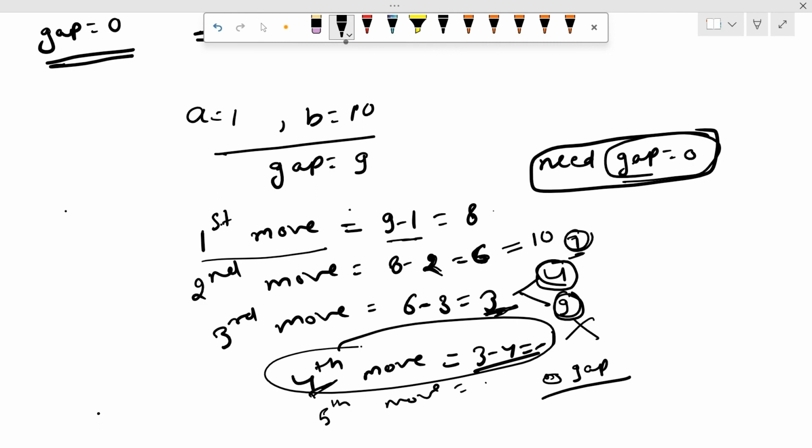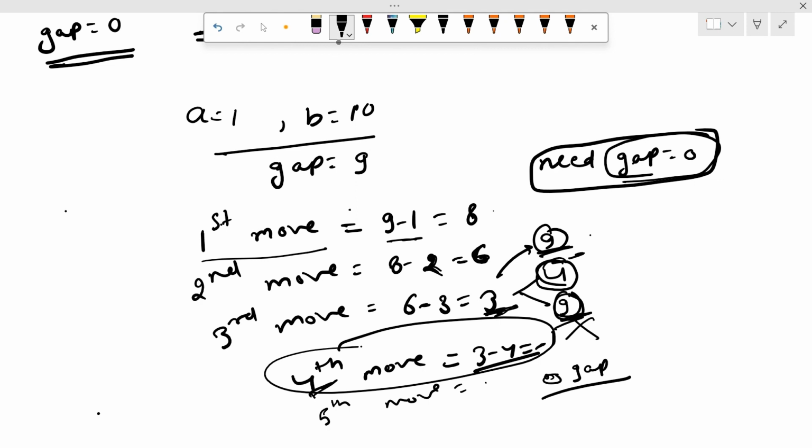Here again we do not get 4 or 9, so we do not take this either. Now if we increase our gap by 3 in the third move, then what do we get? 9, and there we want only 9.